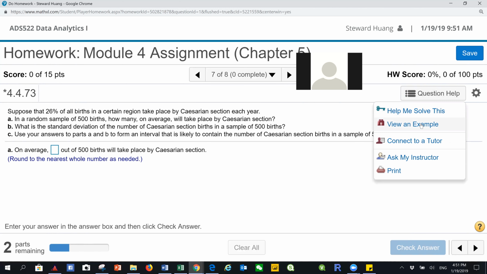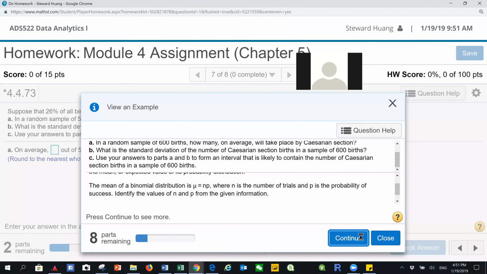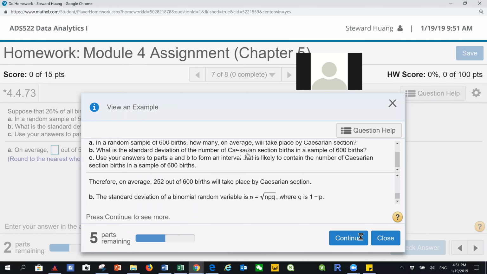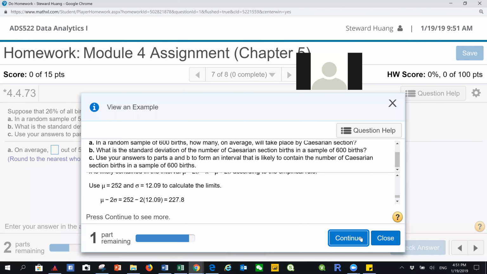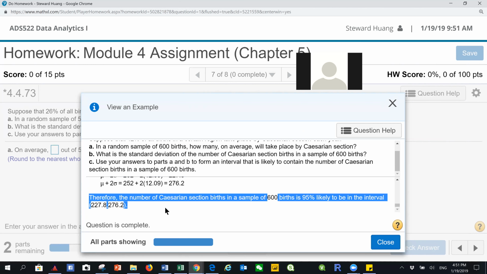This question is not very clear to me, but you can just give it a try and see if you get these numbers. 95% likely to be in the interval. So yeah, follow this, because I don't see this question is clearly stated. Okay, it's not very clearly stated.